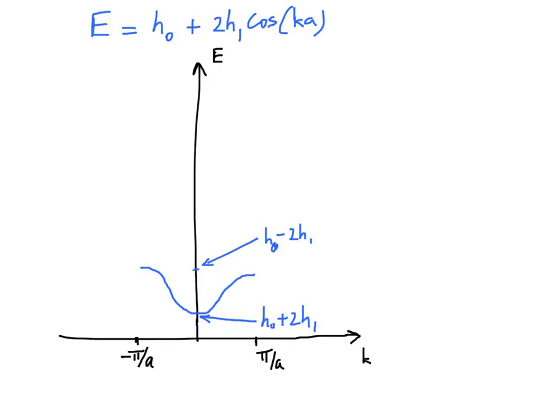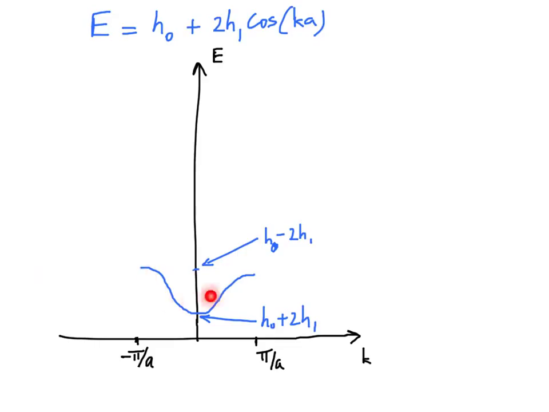If you were to plot it for all values of K, what you would get is of course a cosine function which keeps oscillating like that on both sides. But we have restricted our attention to just within the first Brillouin zone. So the important point to note here is that our single 1s wave function, atomic orbital, our single 1s level of our isolated atom has become a band.